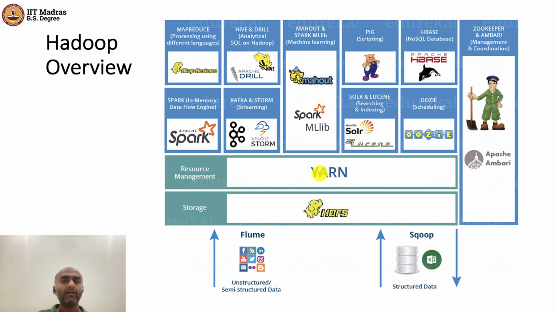And the fifth being to provide a common layer through which multiple different tools can interact with each other. So I could have tools which are SQL based, like Hive as an example. I could have Spark, which is not SQL based at all, which has a very different backend.